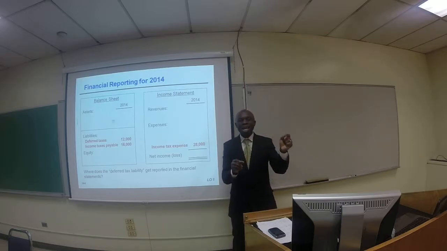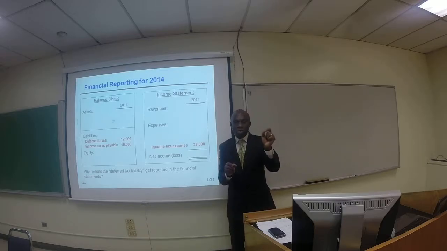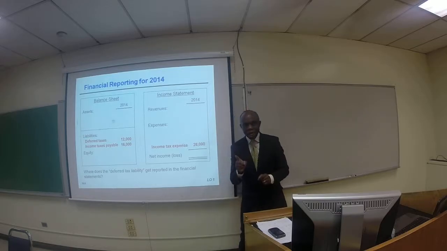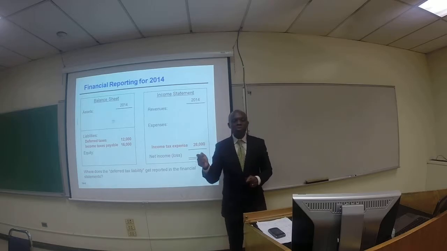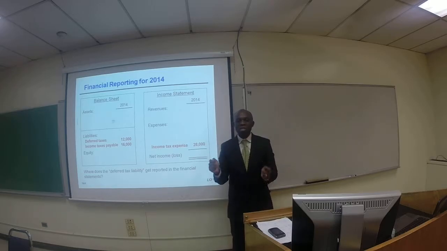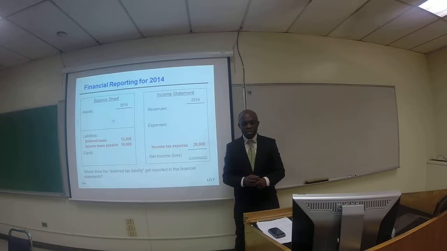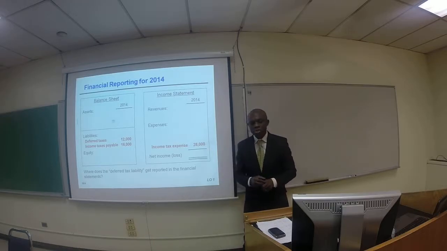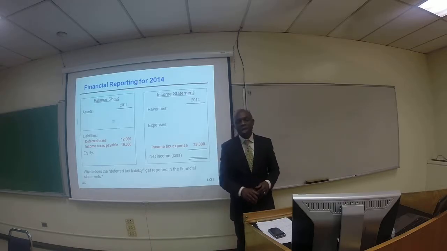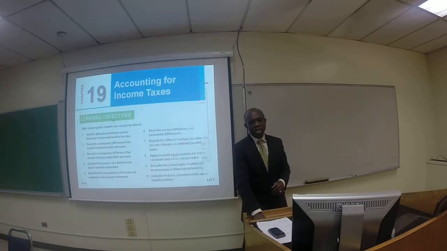That was our income tax expense, $28,000, based on the pre-tax financial income. However, for tax purposes, we only pay $16,000, a $12,000 difference. So for the balance sheet, under the liability, we have deferred taxes of $12,000 and we have income tax payable of $16,000. Then on the income statement, as we calculated, we have income tax expense of $28,000.